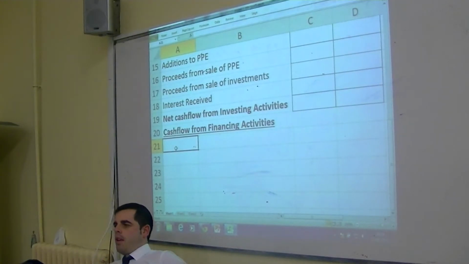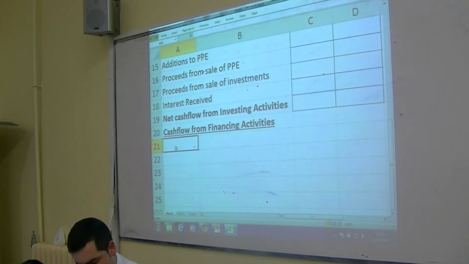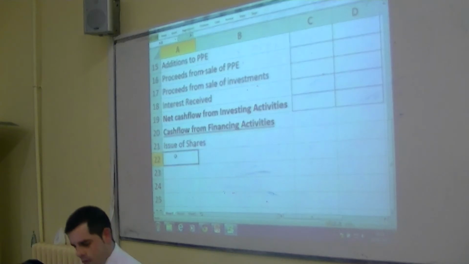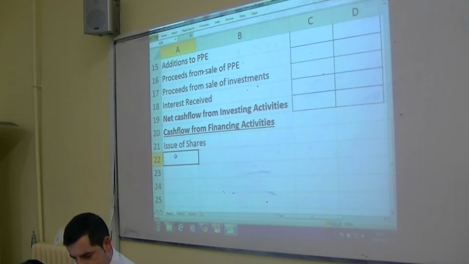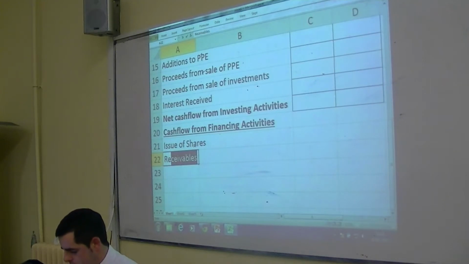So what we're going to have in there, and if you look at the question, we have shares and share premium, so that will go under issue of shares. There's a bank loan, so that's gone downwards, so it will be a repayment of bank loan.